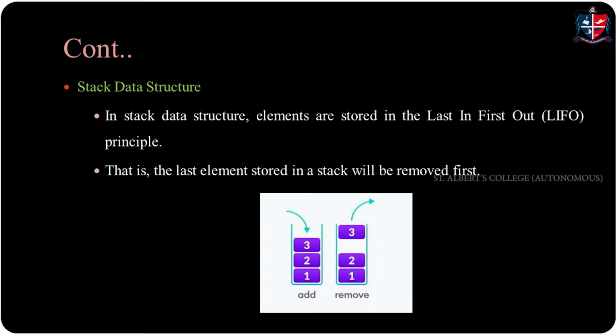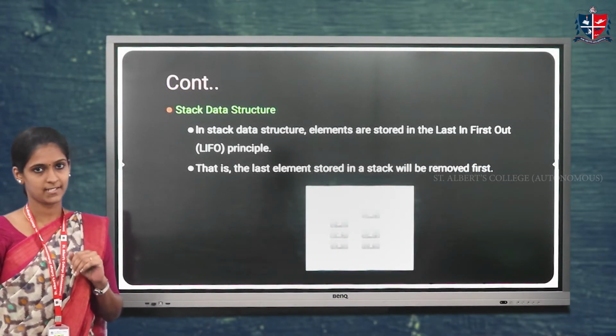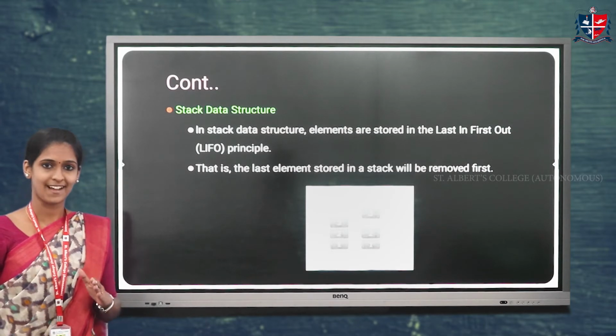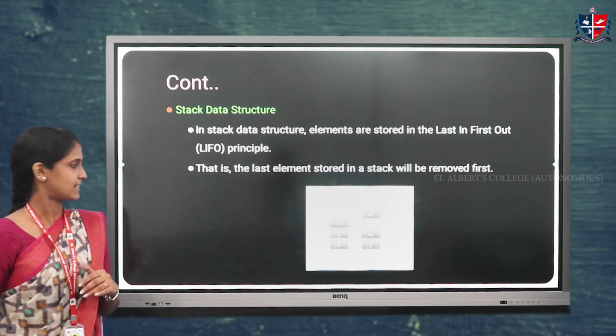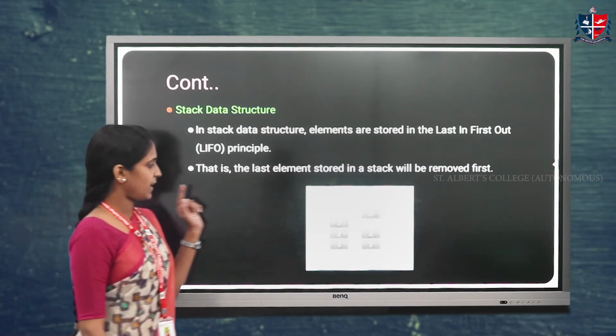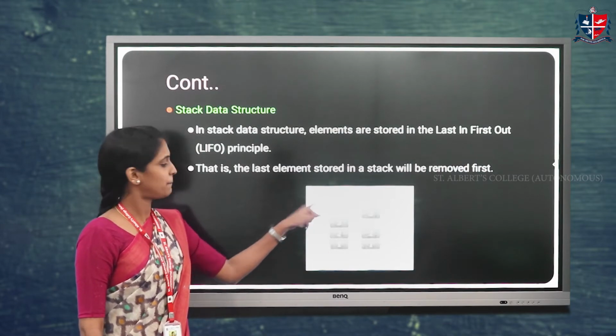The next one under the linear data structure is the stack data structure. The stack works on the principle of last in, first out. That means the element that comes last will be removed first from the stack. For example, if you are inserting elements in the order 1, 2, 3, it will be placed like this.